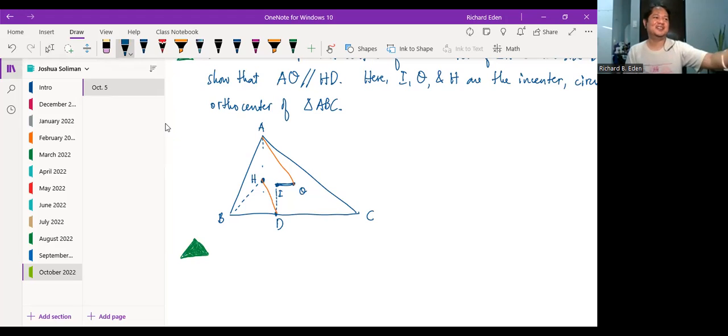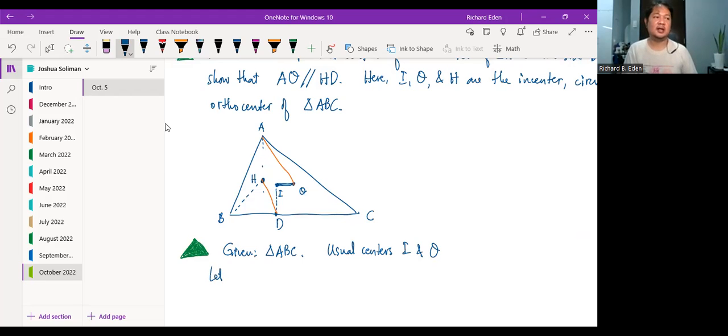Alright, so given triangle ABC, and the usual centers, I and O: the incenter and circumcenter.